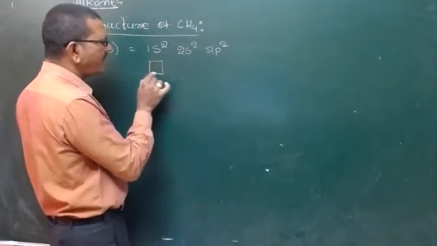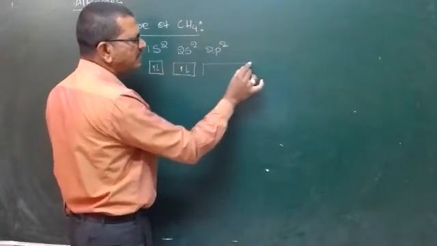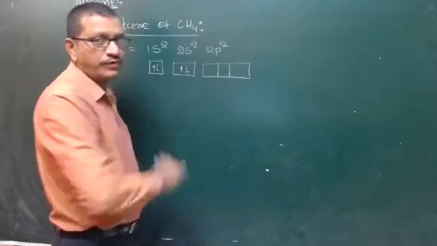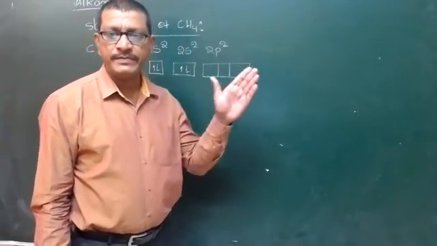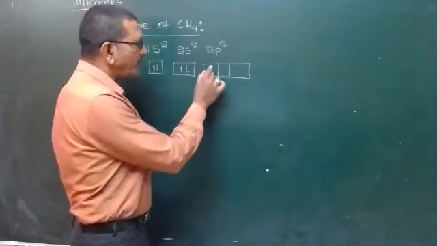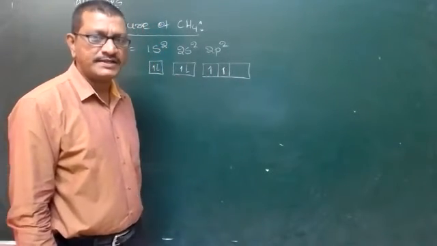The 2p2 means two electrons are present in the three p orbitals. The p orbital has three suborbitals, px, py, pz.